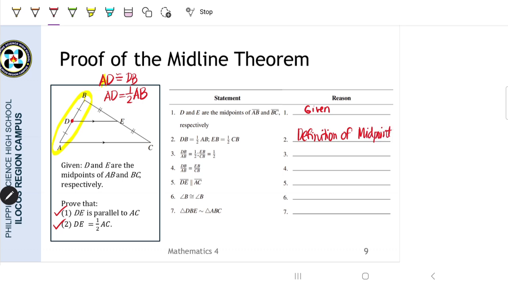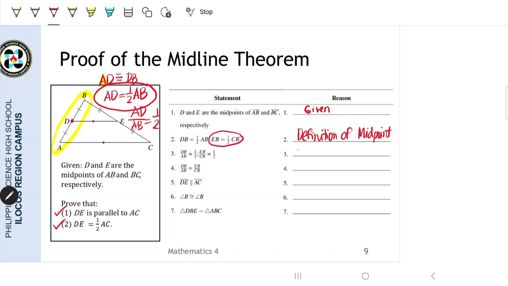Then for number 3, so if we rearrange this equation, so we get the ratio of AD over AB is equal to 1/2. And similarly, if we rearrange this, EB over CB is also equal to 1/2.